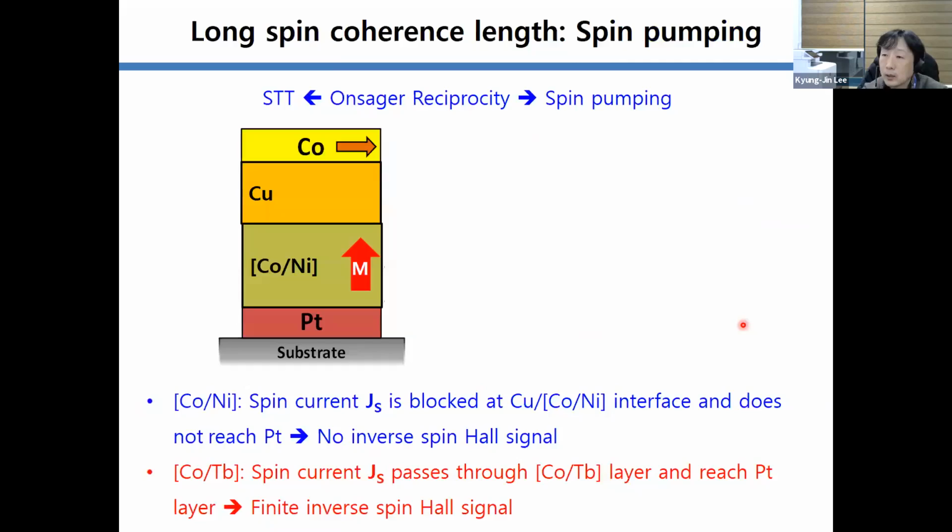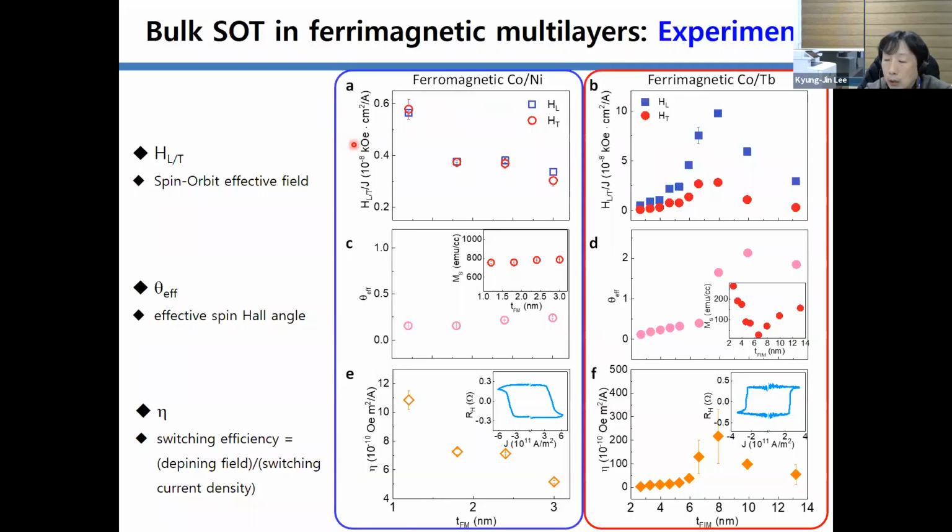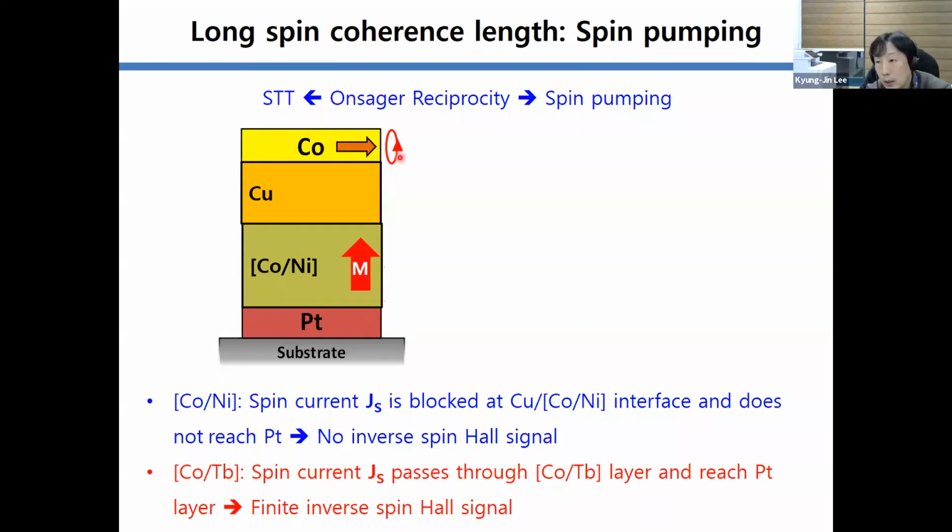So we decided to do a more direct measurement, that is spin pumping measurement. So we put a cobalt-copper bilayer on top of the multilayers. In the case of the cobalt nickel ferromagnetic multilayer, that has perpendicular magnetization, and this cobalt top layer has in-plane magnetization. We put it into the AC field environment, and it starts to precess, and it emits the spin current through the spin pumping process.